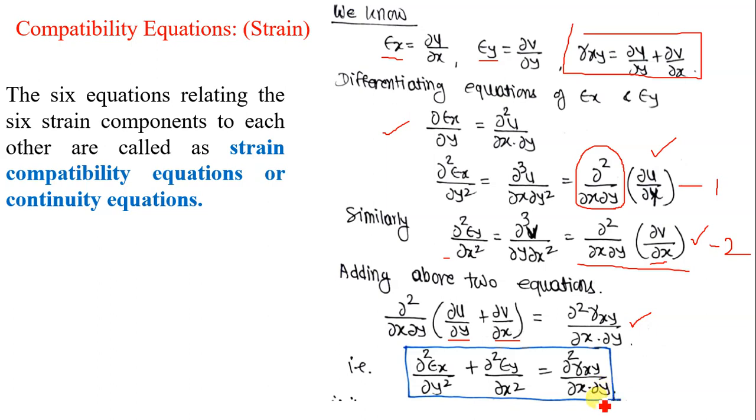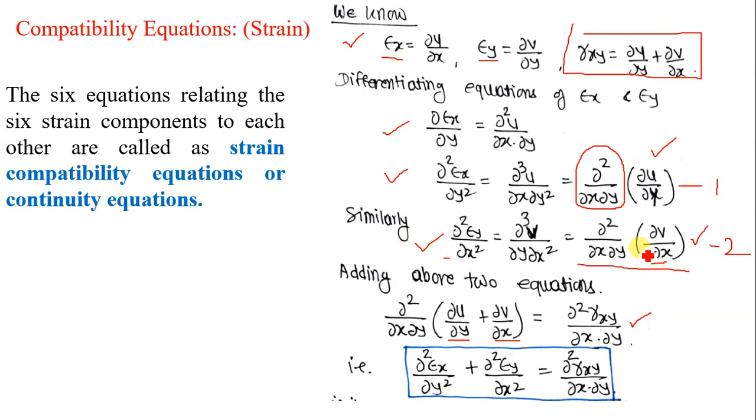This is the first equation which we have derived from the three equations epsilon x, epsilon y and gamma xy. Again I will brief the procedure. First select these three equations. Differentiate epsilon x with respect to y twice; you will have the first equation. Differentiate epsilon y with respect to x twice; you will have the second equation.